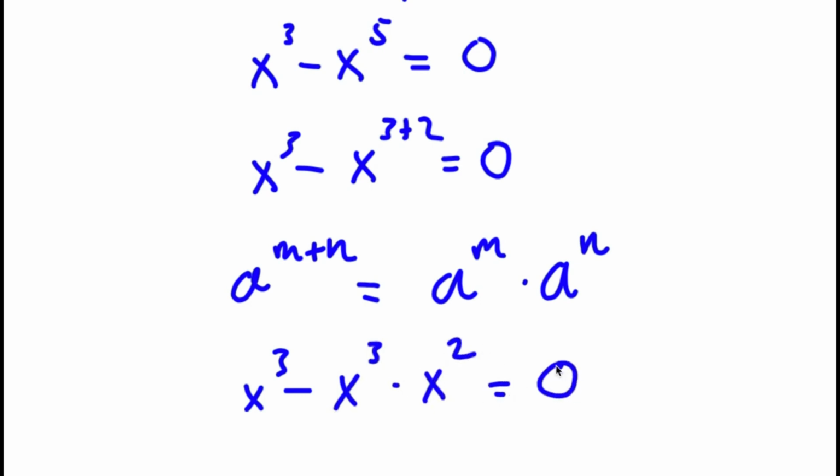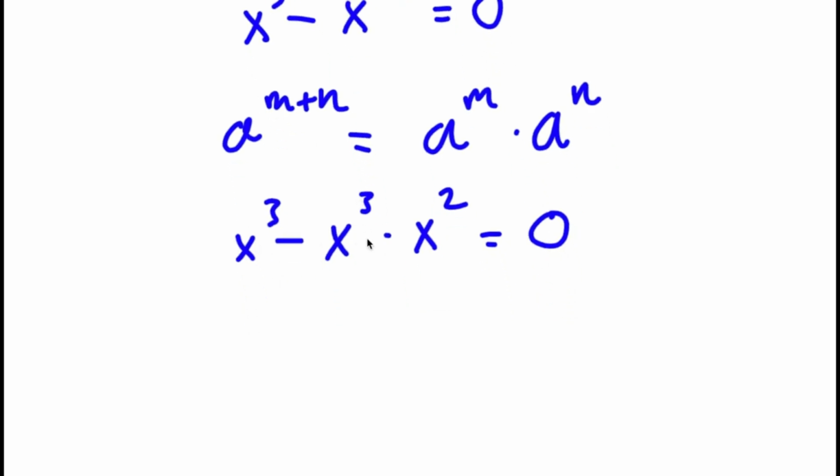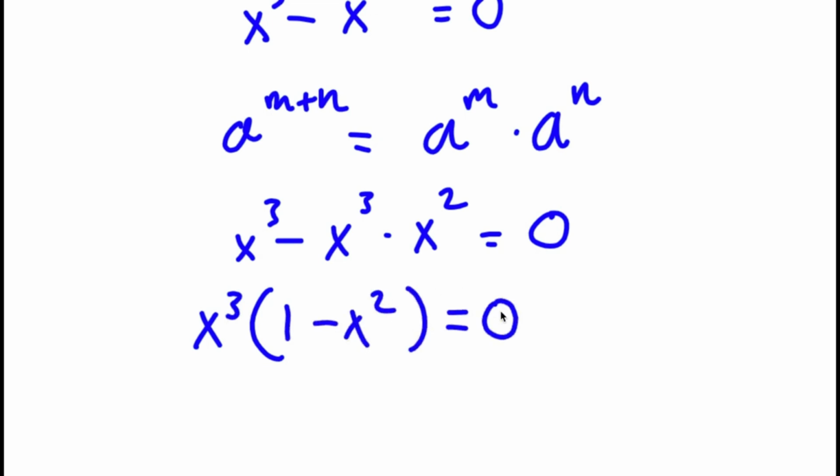This is equal to 0. So now, notice how both of these terms have x to the power of 3 in them. So if I factor out x to the power of 3, I get x to the power of 3 times 1 minus x squared, and this is equal to 0.